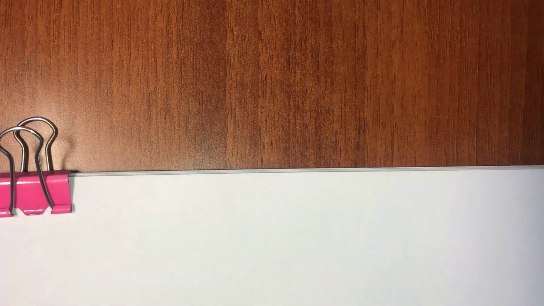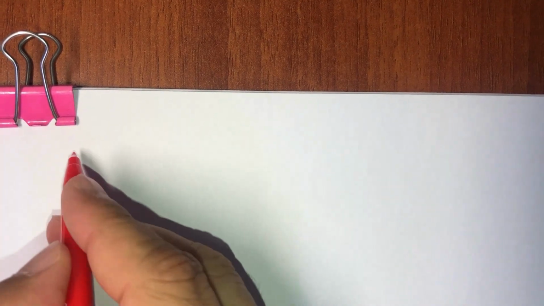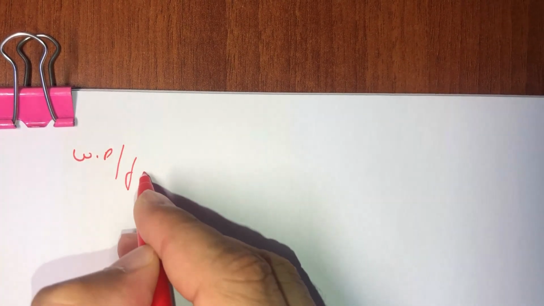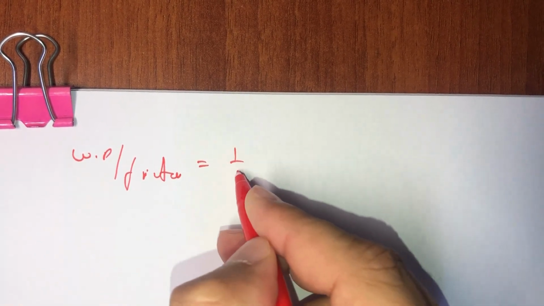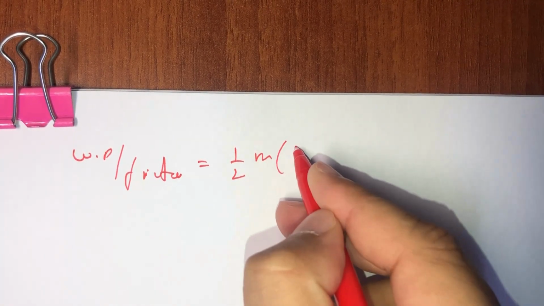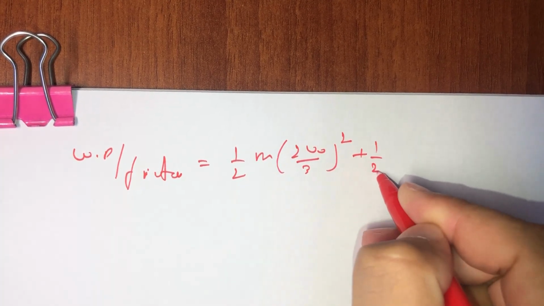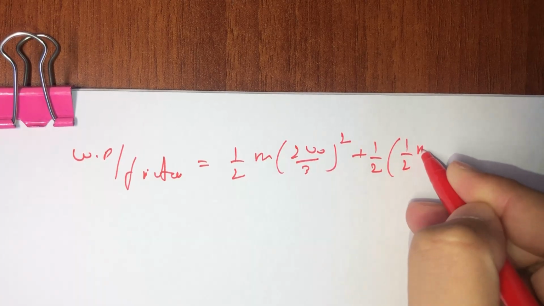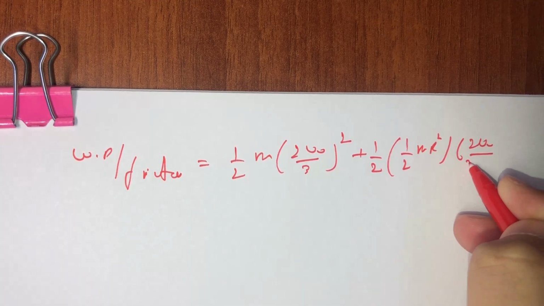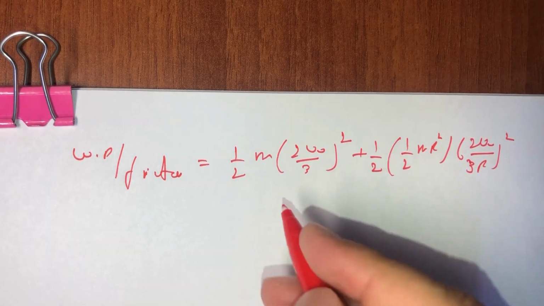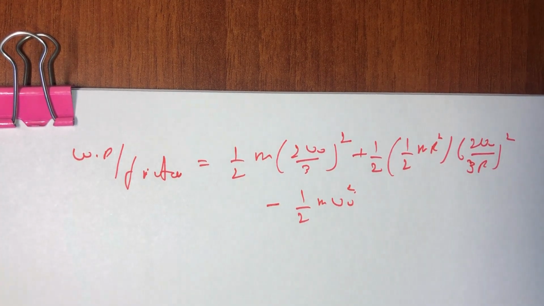So we can write that the work done by friction is equal to half m times 2 v naught divided by 3 whole square, plus half moment of inertia times 2 v naught divided by 3r whole square, minus half m v naught square. Yeah, that is correct.